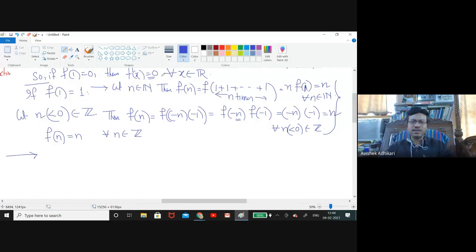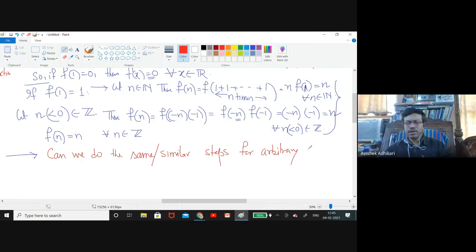So the question is, till now, whatever we did, can we do the same or similar steps for an arbitrary ring?